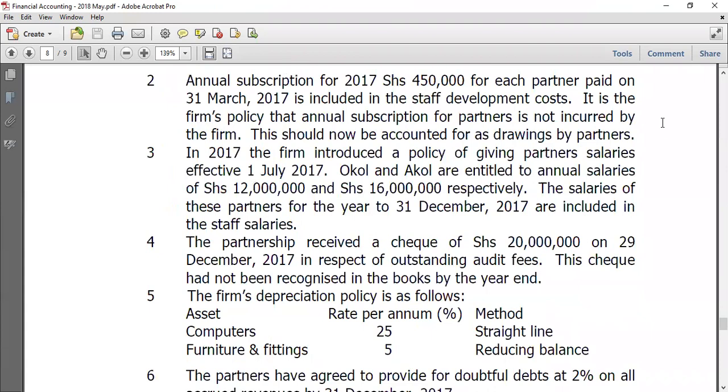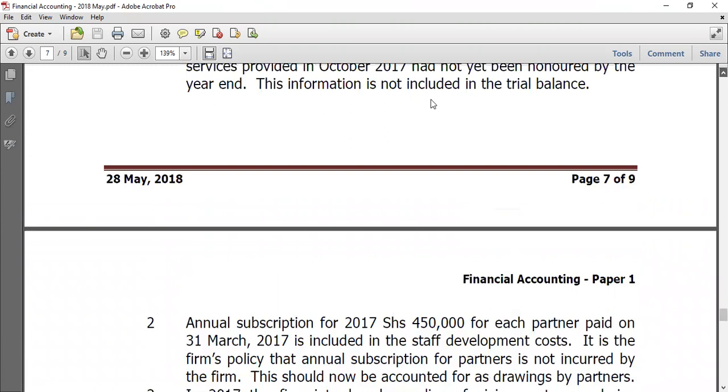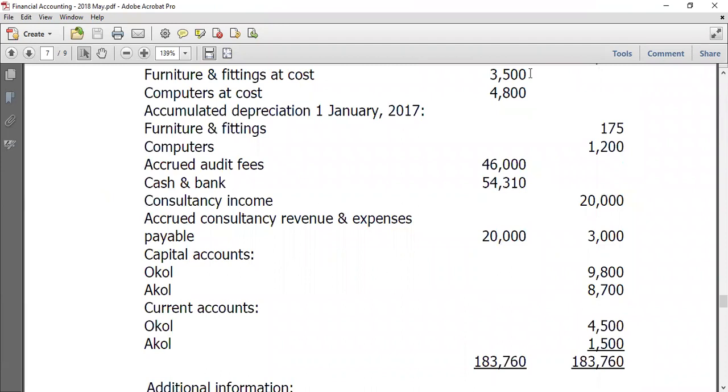And then I also have details of furniture. Furniture's cost is at 3.5, and then its accumulated depreciation is at 175. Now you saw for computers, I didn't look at accumulated depreciation because I just used the cost. But when it comes to furniture and fittings, this is what is going to happen.